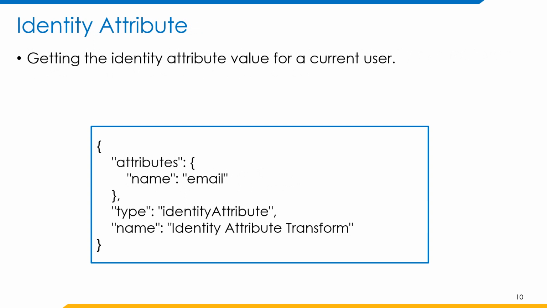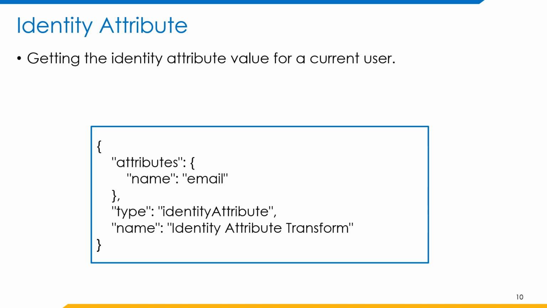Next one is identity attribute. In this example, we can see the key as name and the value is email attribute. The email value is taken from the identity attribute, and the type we have taken as identity attribute and the name as identity attribute transform.